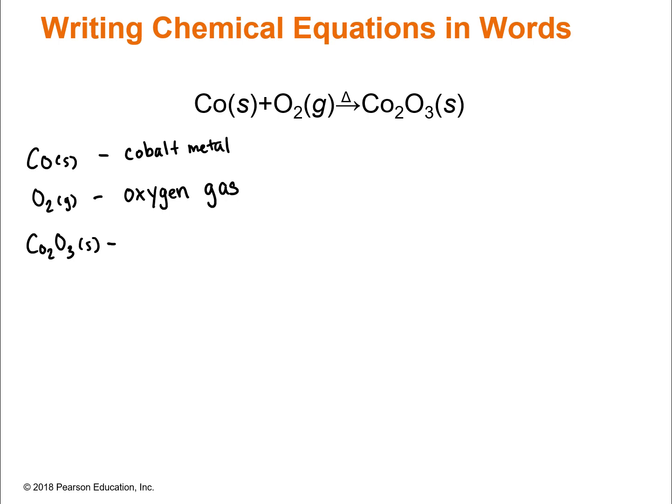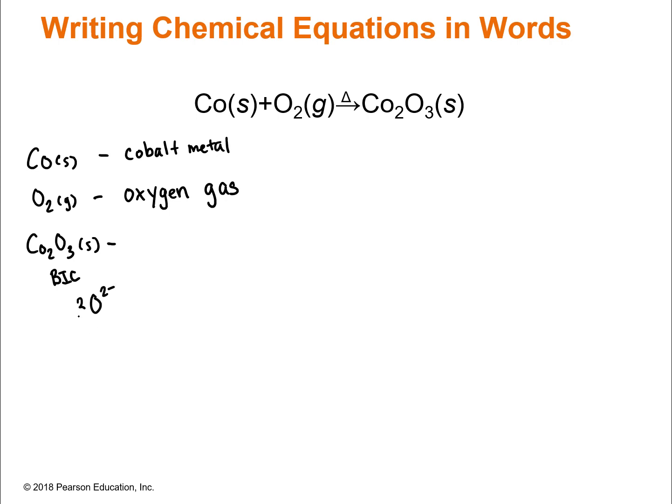Now we've got a compound to name. I see I have a metal plus a nonmetal. So it's going to be a binary ionic compound. Cobalt is a transition metal, which means that it can have more than one ion, right? It can form more than one ion. So I need to figure out what ion cobalt is. I do that by looking at the anion. I've got 3 oxygens, and oxygen I know is 2 minus.